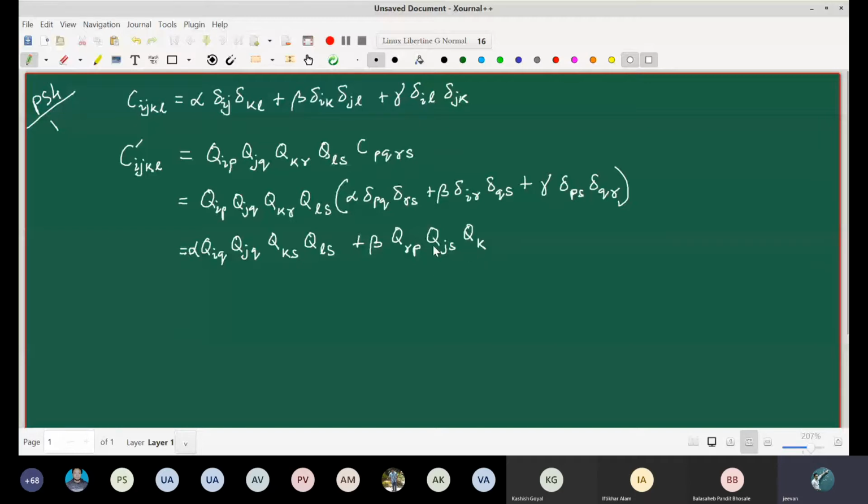Please note that I have already exhausted whatever substitution I had to do involving the delta IR with this one and delta QS with this one. So these two terms remain as they are.